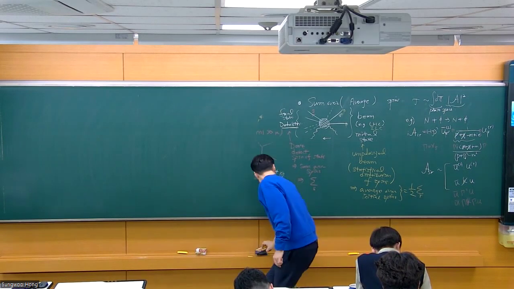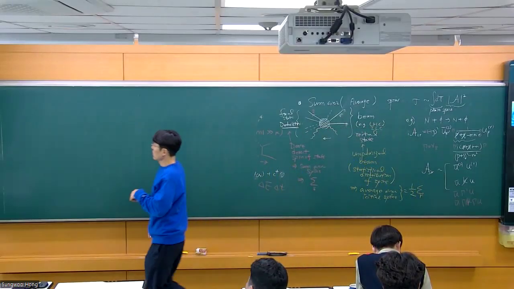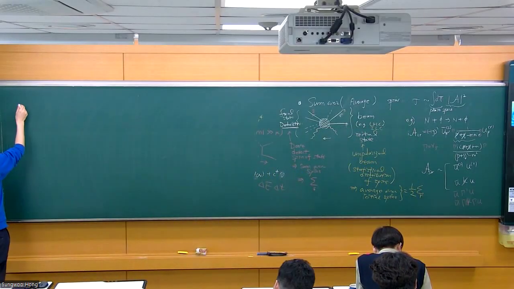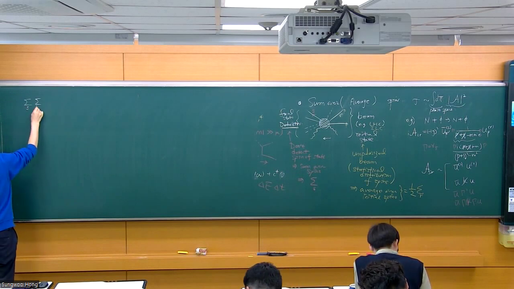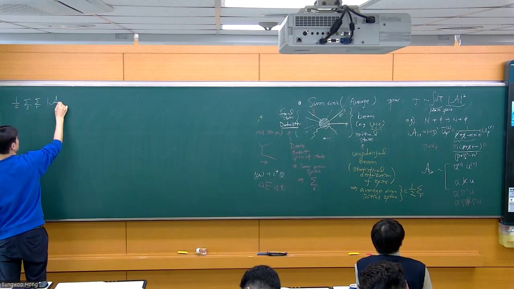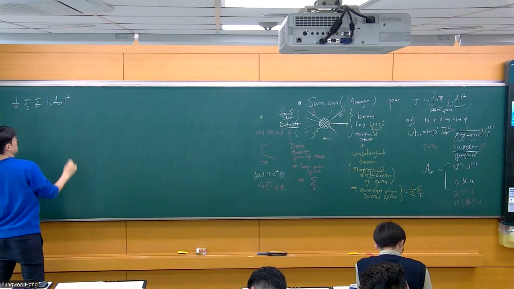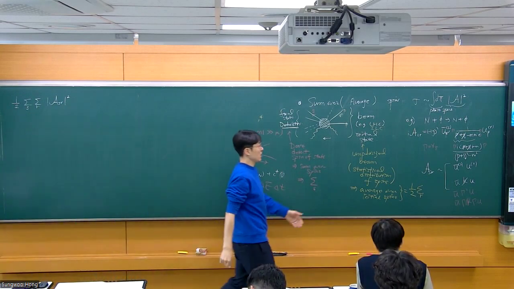Okay, good. So what we want to do is the following: we want to sum over the final spin and average over the initial spin, and then I want to square this. This is what goes into the calculation of the cross-section.